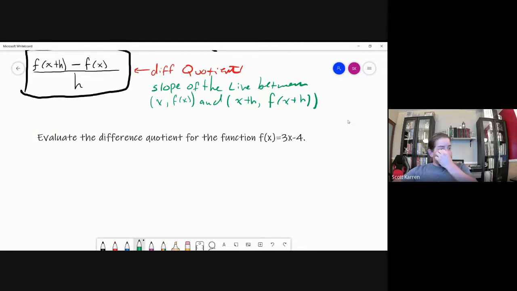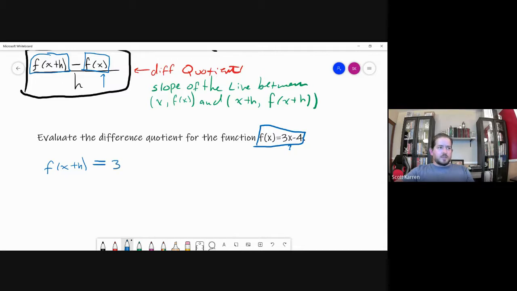So there's a few parts to this thing that you can make life easier if you just break it down. There's this f of x plus h. There's f of x. And then h is just h, right? So it's really these two bits. But I already have this bit right here. F of x is given to me. F of x is 3x minus 4. F of x plus h is just putting in x plus h in for the x in that function.